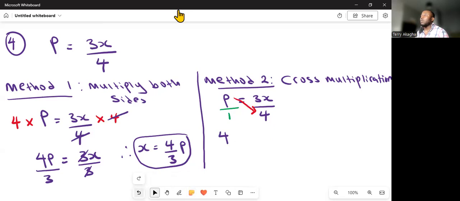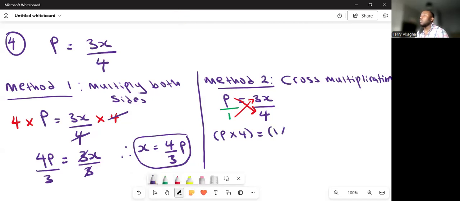So it's going to be P multiplied by 4 will be equal to, then the next one, we have 1 multiplied by what? We now have 1 multiplied by 3x. So it's going to give us 4P is equal to 3x.